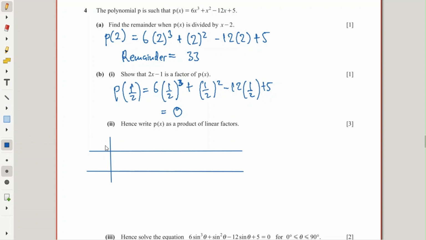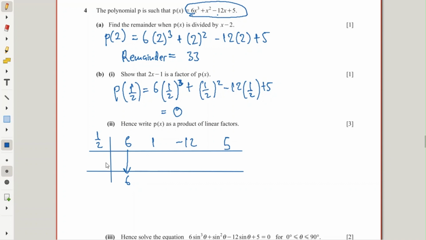I know the value of x here is 1 over 2. Then I write down all the coefficients of this polynomial. Let's start with 6, then 1, then negative 12, then 5. When you finish, you just bring this number down.